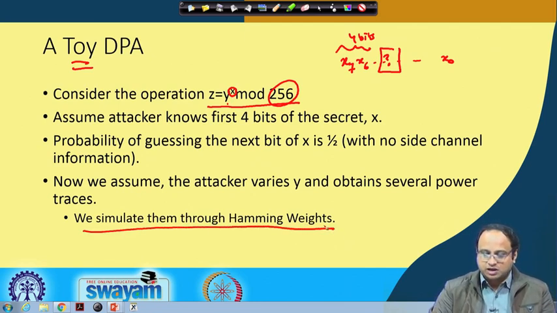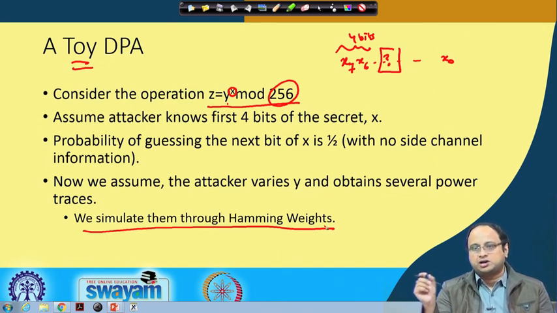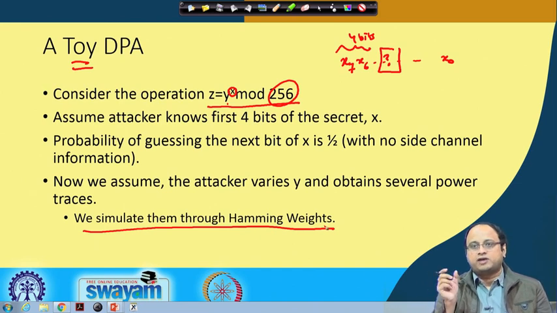Remember that in the square and multiply algorithm there is a state s, which I am either squaring or multiplying with y. So what I do is I monitor the value of that state s and I plot the Hamming weight of that state s as an indication of the power value.